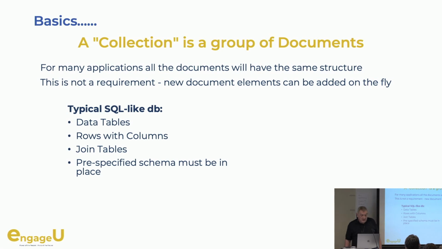A typical SQL-like database, and I include FileMaker in this because you're dealing with tables and normalized relationships, has data tables, rows with columns. Typically you have join tables if you have many-to-many relationships. So if you have a database which includes students, and another table that includes classes that they attend, you have a join table that says which students are in which class.